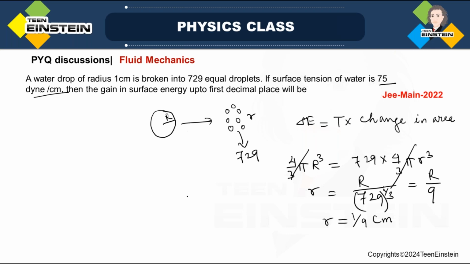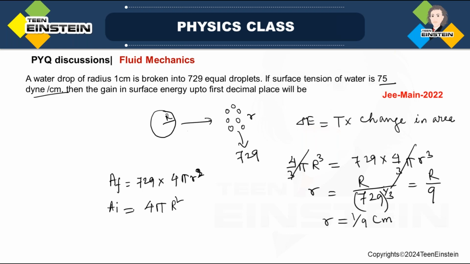Gain in the area. Let me find out the gain in area. That means final area is 729 into 4 pi small r square, and initially the area was 4 pi capital R square. Capital R is 1 centimeter.